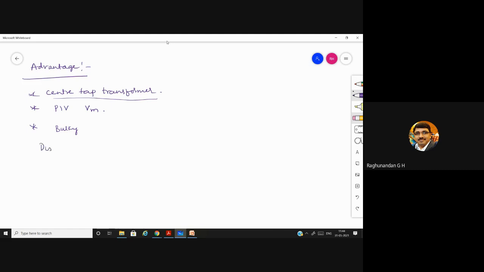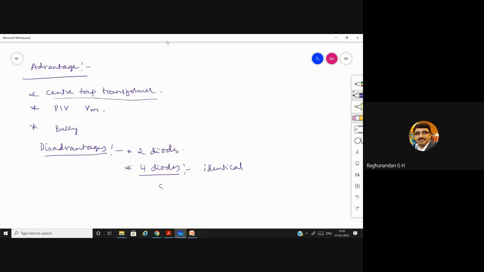But coming to the disadvantages, here we have two extra diodes, and since we have four diodes, one problem is this. In each half cycle two diodes are going to conduct, and all four diodes should be identical, in the sense the drop should be the same.